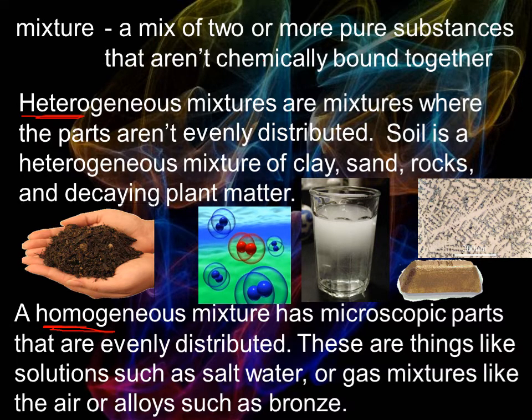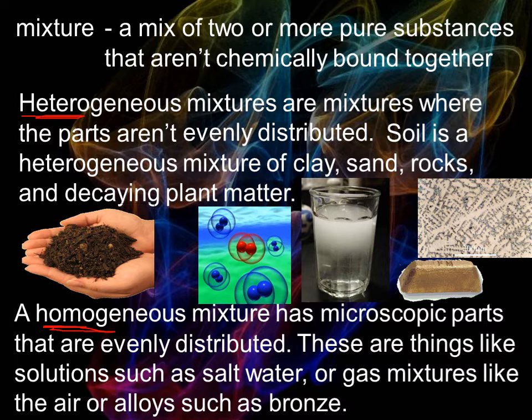So it's a heterogeneous mixture of lots of different things. The pieces are usually big enough to see, and you can tell very easily that it's made up of different stuff. A homogeneous mixture has little itty-bitty tiny microscopic parts.